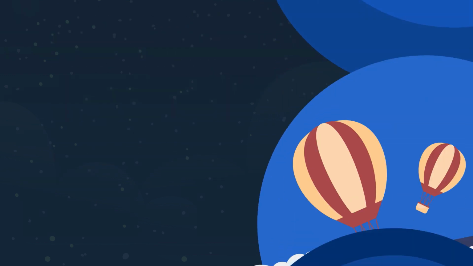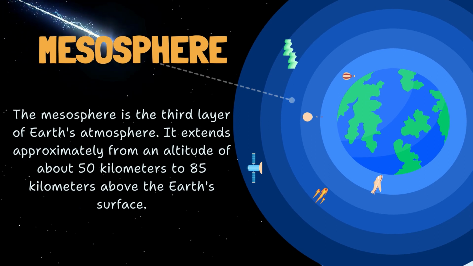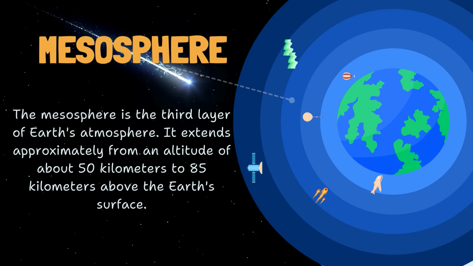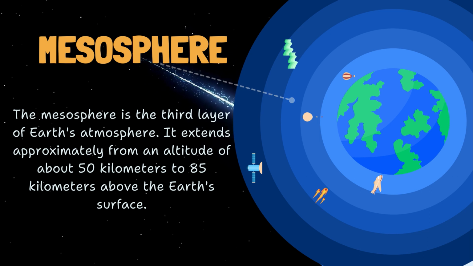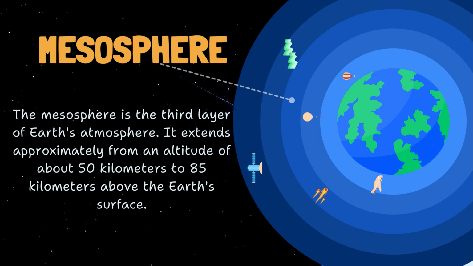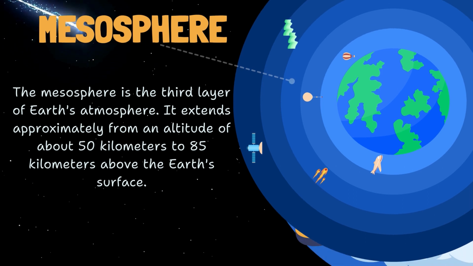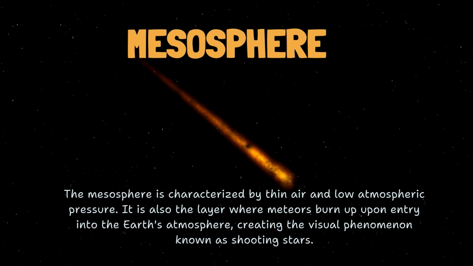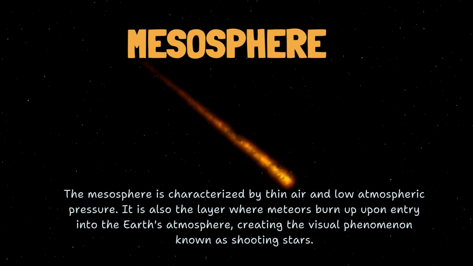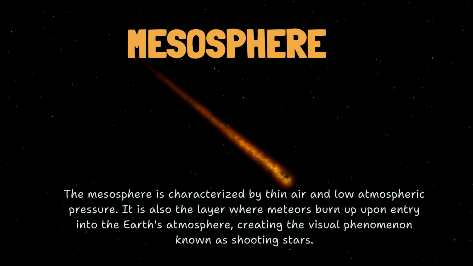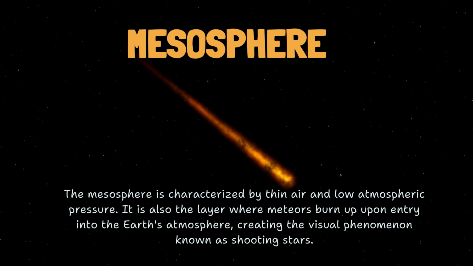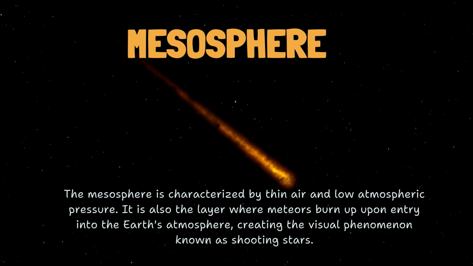Next, the third layer, mesosphere. The mesosphere is the third layer of the Earth's atmosphere. It extends approximately from an altitude of about 50 kilometers to 85 kilometers above the Earth's surface. The temperature here drops rapidly as you go higher.